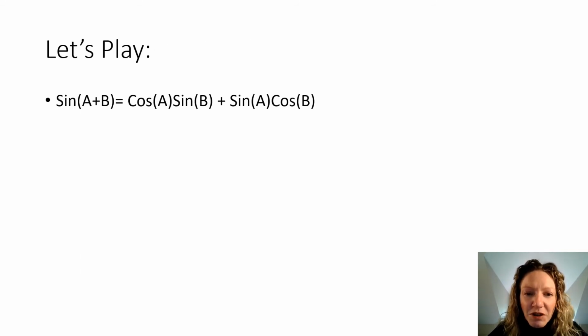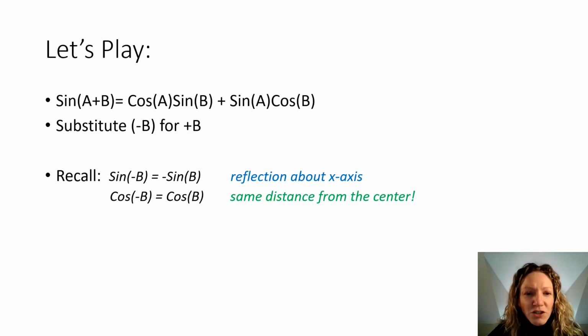We have the sine A plus B formula. Mathematicians just want to play around. What happens if I change one of those angles? Once we substitute in negative B for positive B, we get to use that cool picture where we drew in the triangle for angle A and knew the half-chord length was sine A. Then if we reflected below the x-axis, because we did a negative angle rotation, we got the negative half-chord length.